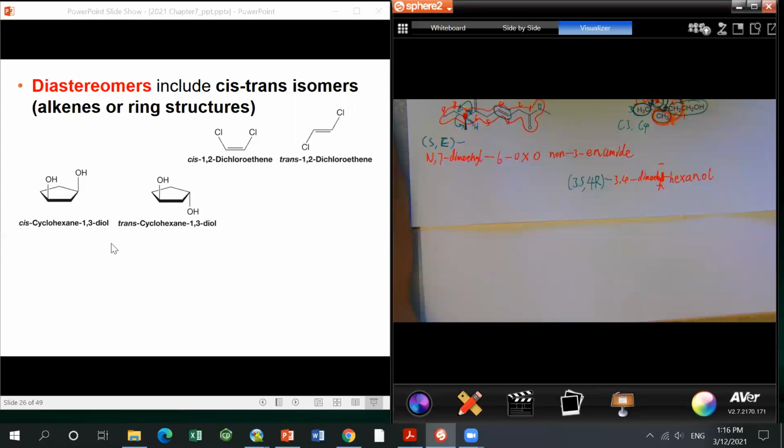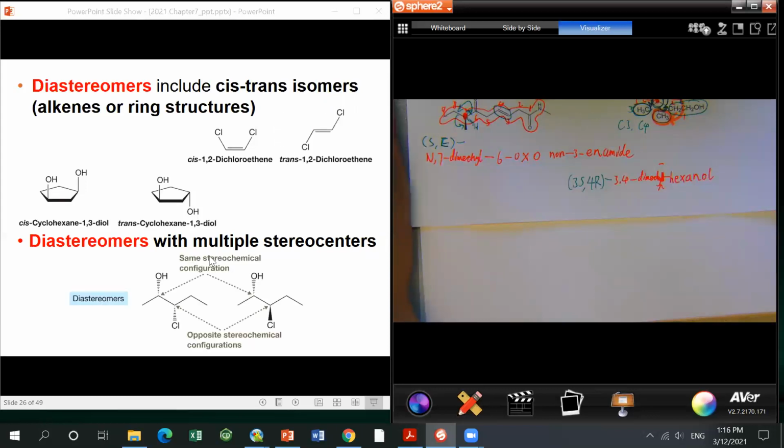The more common diastereomers are molecules with multiple stereocenters. Here there is a pair of diastereomers: 1 chiral center has the same assignment, both dash, and 1 stereocenter has the opposite assignment, 1 dash, 1 wedge.